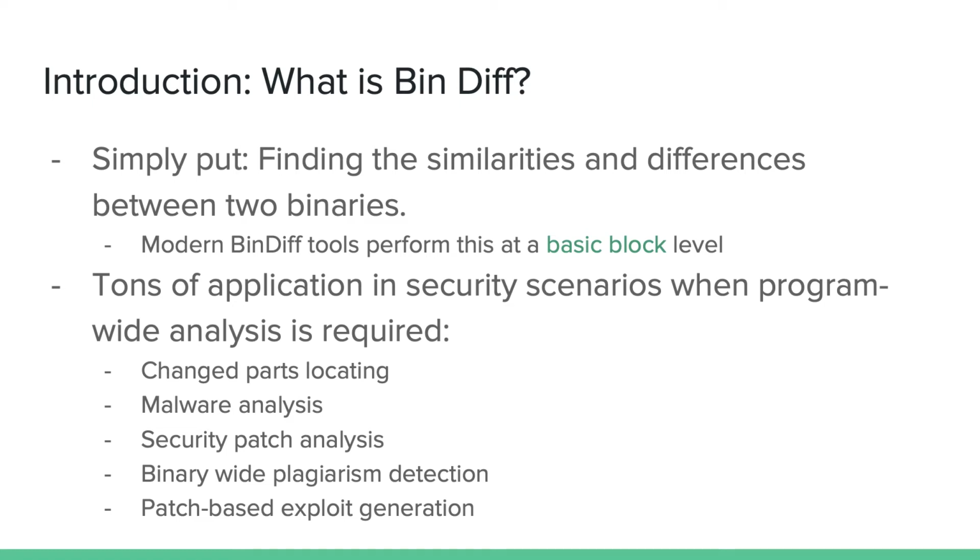The definition is: given two input binaries, precisely characterizing the program-wide differences by generating the optimal matching among basic blocks with quantitative similarity scores. That's a mouthful. Simply put, it's just finding the similarities and differences between two binaries. And it works at a basic block level.